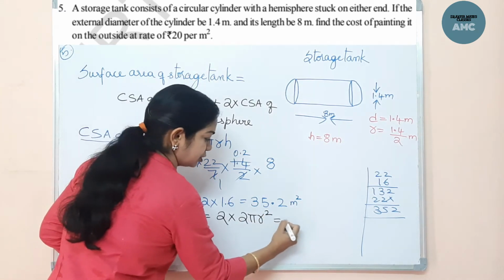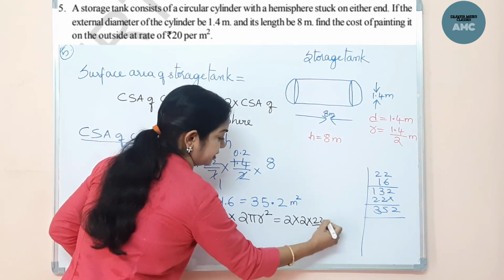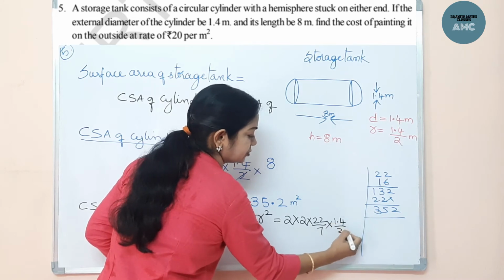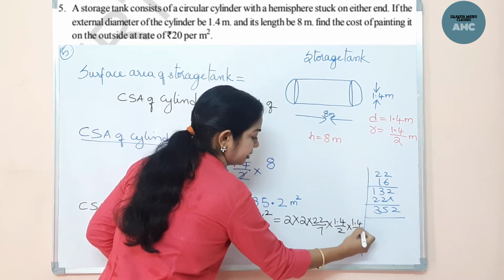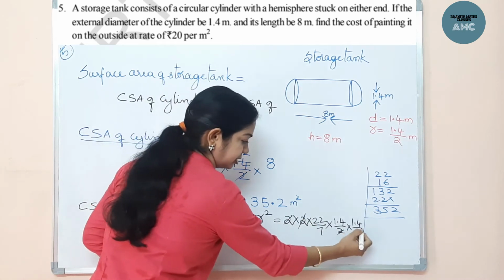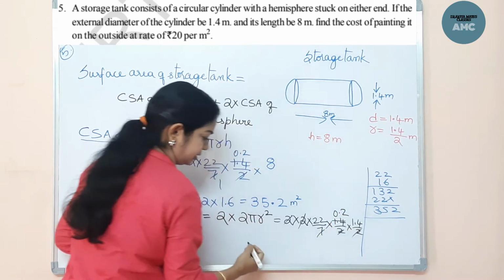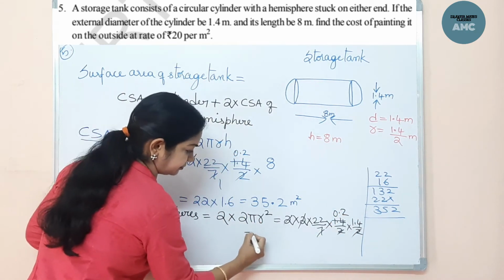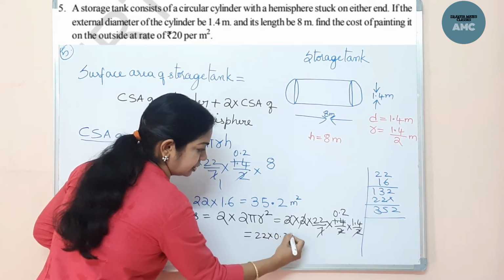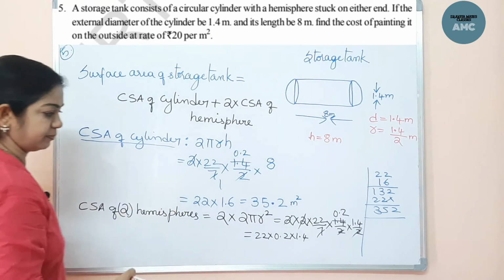That comes to 2 into 22 by 7 into the r value, 1.4 by 2, into 1.4 by 2. So let me cancel 1 2 here, 1 2 here, and 7 here for 0.2. And the leftover is 22 into 0.2 into 1.4.